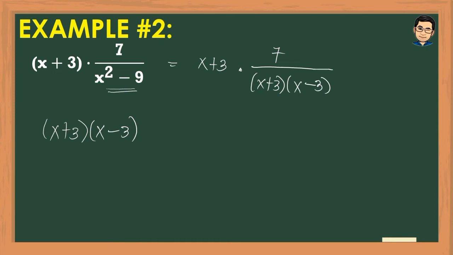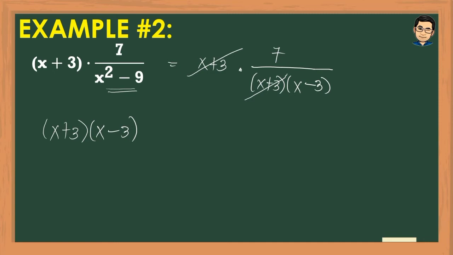So after po natin siyang i-rewrite, pwede na po tayong mag-cancel out, mag-divide ng common factors. So as you can see, yung x plus 3, pwede siyang i-cancel. And then, sa denominator, x plus 3. So, ang pagka-cancel po dapat, yung isa po dapat nasa itaas, sa numerator, tapos yung isa po dapat nasa baba.